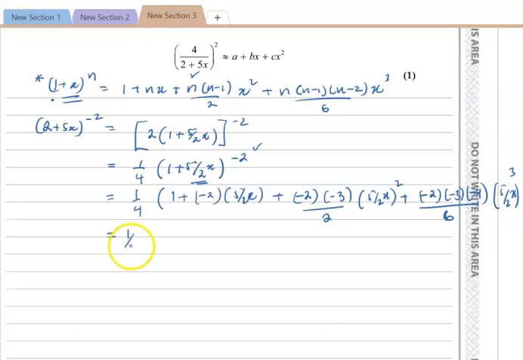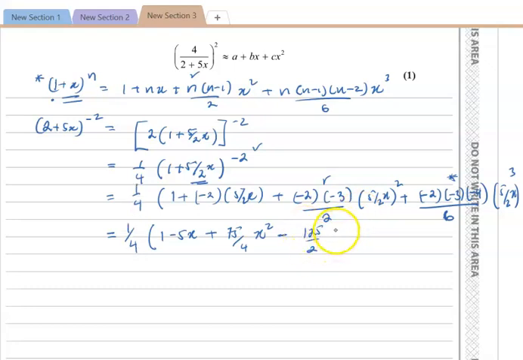Before I open the bracket, I'll try to simplify the inside. So I have 1 minus 5x, and then this one here is going to simplify to 75 over 4 x squared, and then the next one would be minus, when you simplify the inside here, the power of 3, you have 125 over 2.